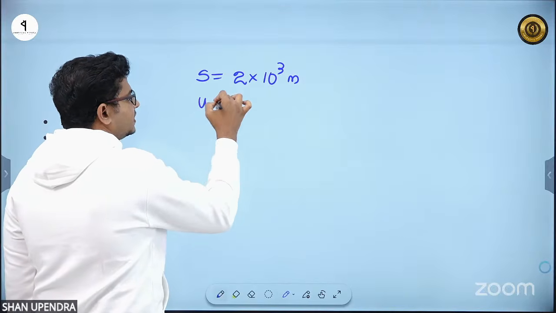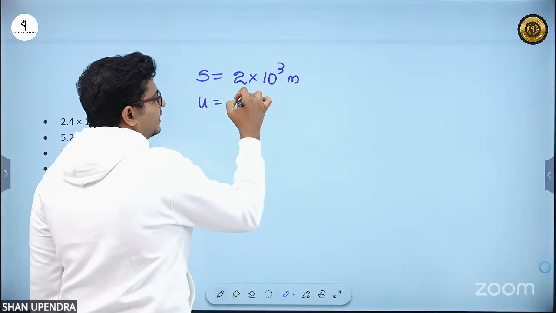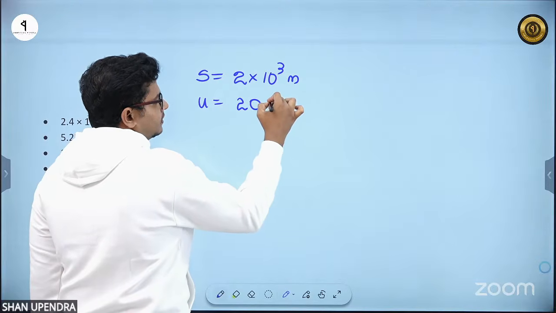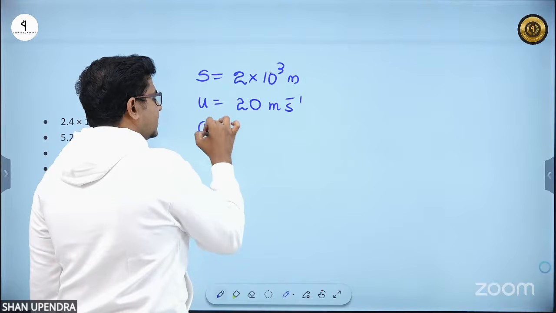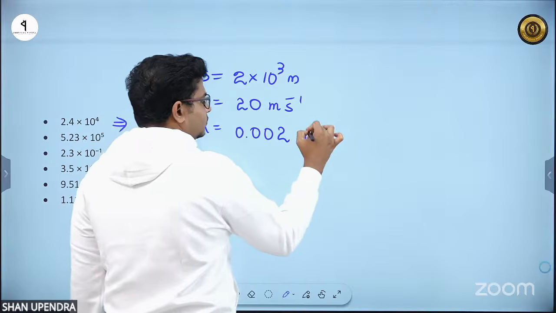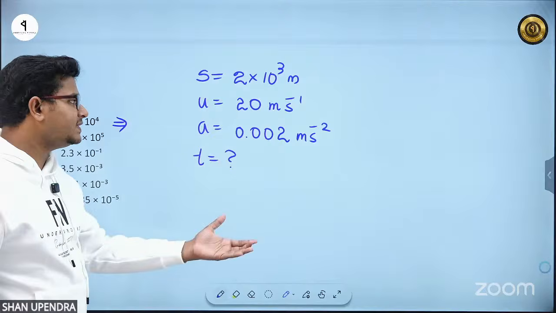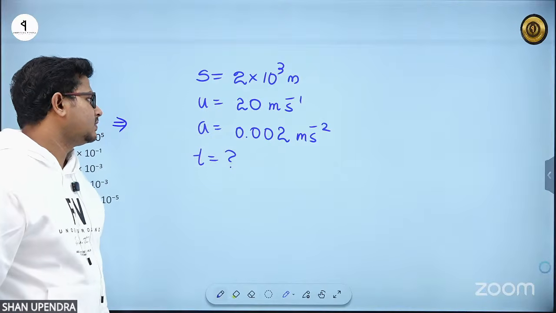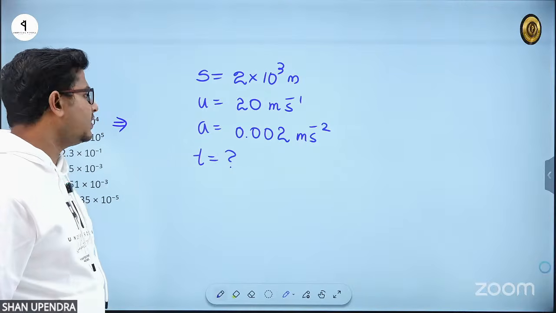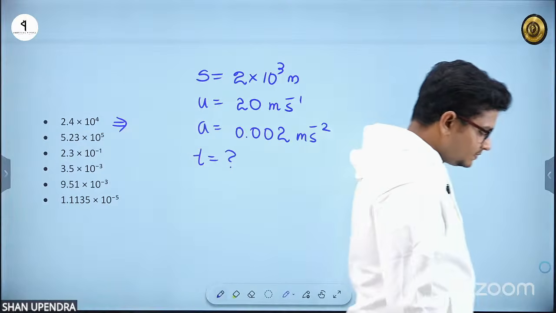Then u is given as 20 m s to the minus 1. Acceleration is 0.002 m s to the minus 2. They are asking for time. So I would like to write these numbers in scientific notation. I'm not going to solve it, so no need to worry, because then you are getting a quadratic equation here.